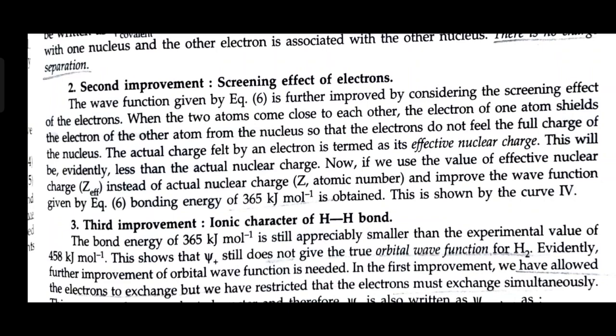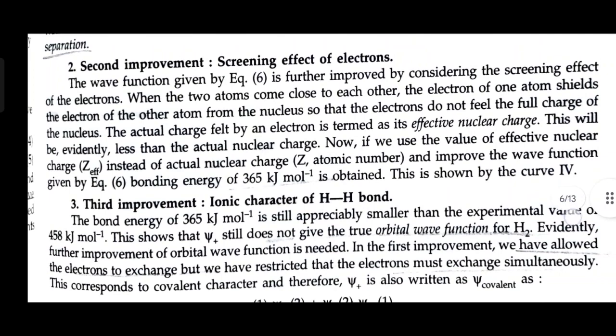The wave function given by equation 6 is further improved by considering the screening effect of the electrons. When the two atoms come close to each other, the electron of one atom shields the electron of the other atom from the nucleus, so that the electrons do not feel the full charge of the nucleus. The actual charge felt by an electron is termed its effective nuclear charge.